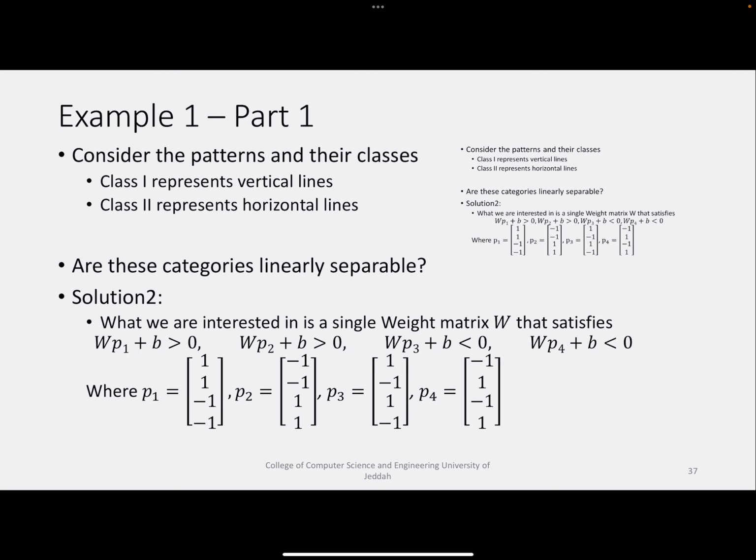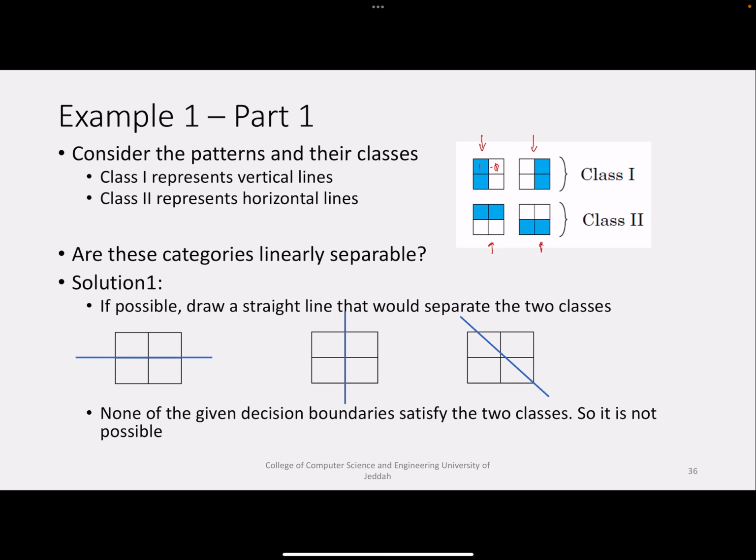What we basically want to do is give these 4 patterns some names. Let's call them P1, P2, P3, and P4. P1 and P2 are these 2 up here. P3 and P4 are these 2 down here.